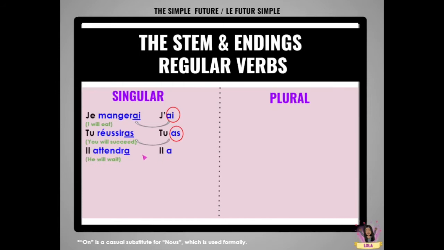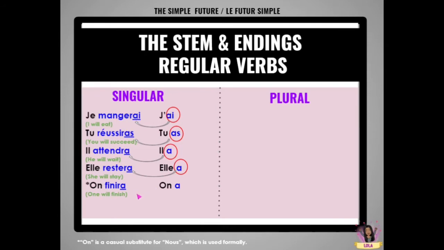The next one is il attendra. And again, we have the A over here, and we see that's the ending. Il attendra, he will wait. The next one is elle restera, and we see elle a, that's your verb, and there's the ending, same thing. Elle restera, she will stay.